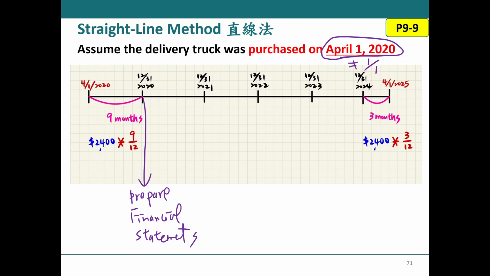Not 1 year, right? So you should be very careful how long you use it. For 2020, from April 1st to December 31st, you just used it for 9 months.